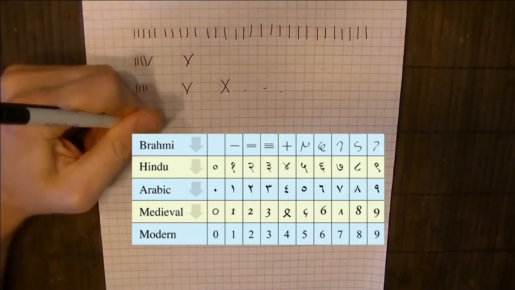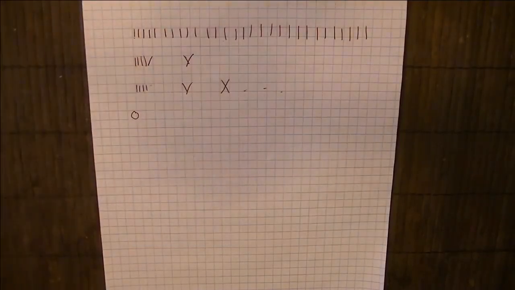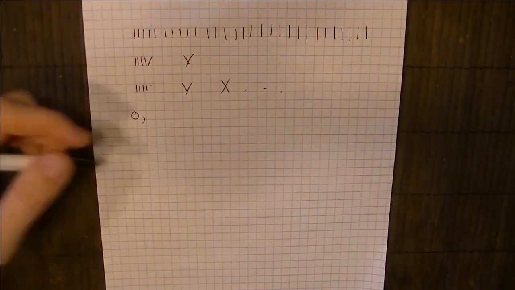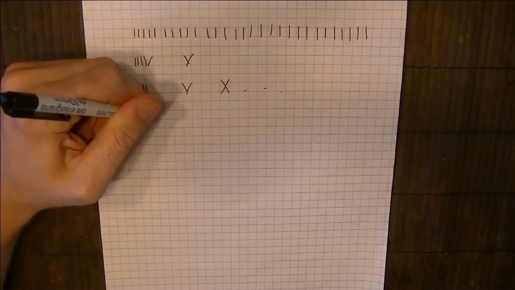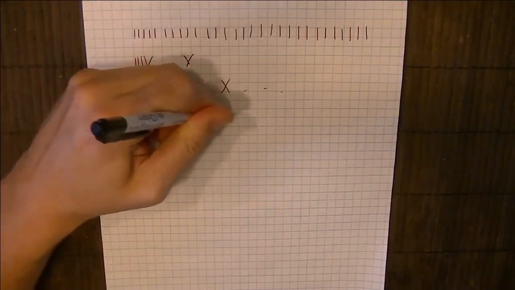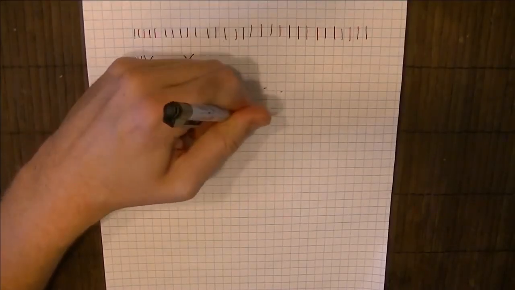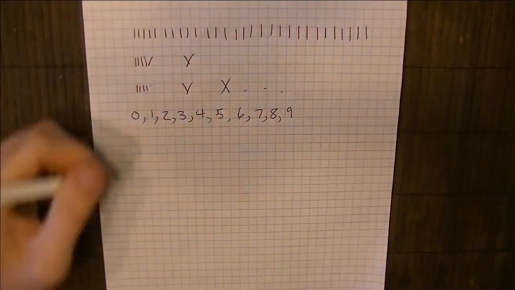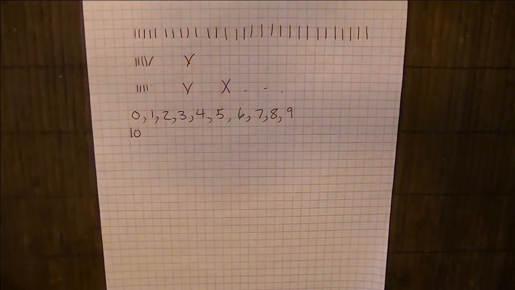So now we could say, hey, there's 0, and they had different symbols for the first bunch of numbers. So what we've got now is 1, 2, 3, 4, 5, 6, 7, 8, and 9, and then of course things just roll over and we put a 1 in front to represent 10. This is not a surprise to anyone, but this is what we call the Hindu Arabic numerals.